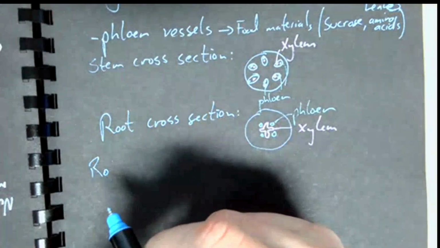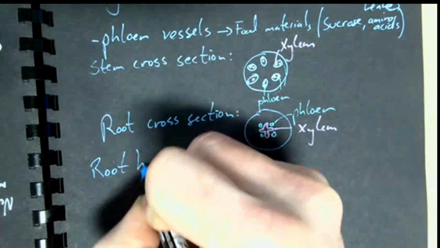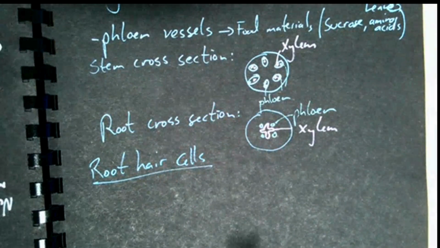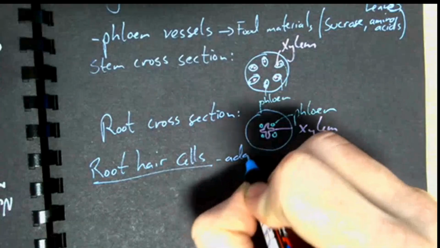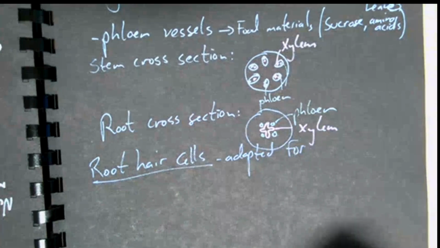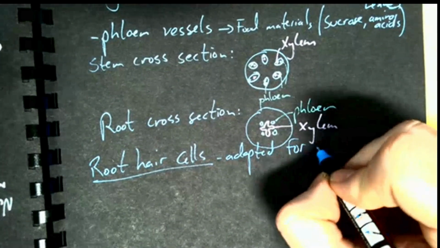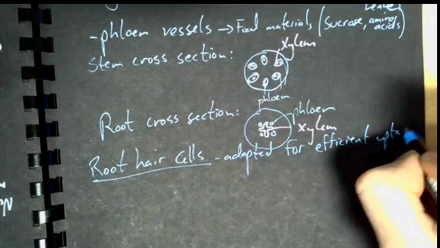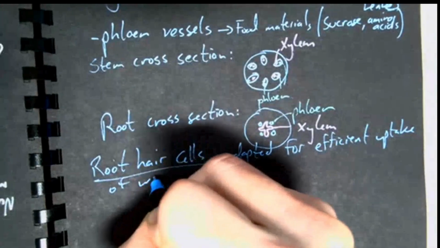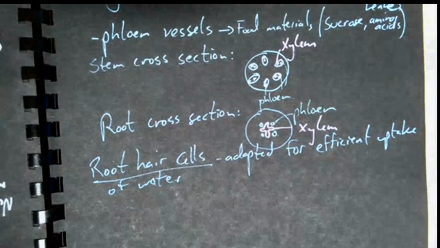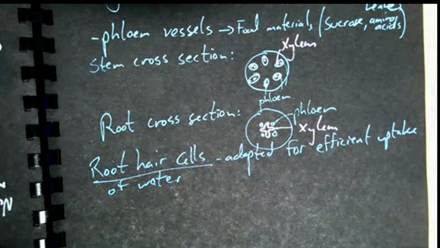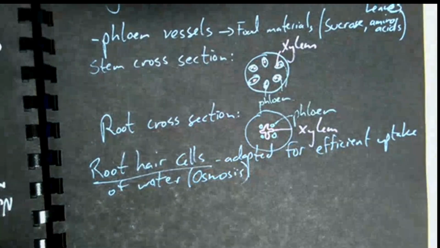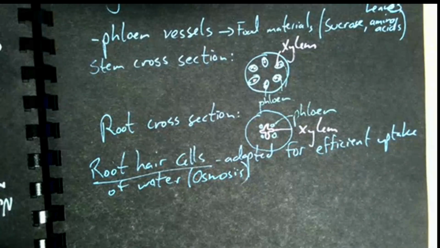The next part of the plant worth knowing a little bit about are root hair cells. And these are adapted for the efficient uptake of water, and this is by the process of osmosis, a special case of diffusion involving water.